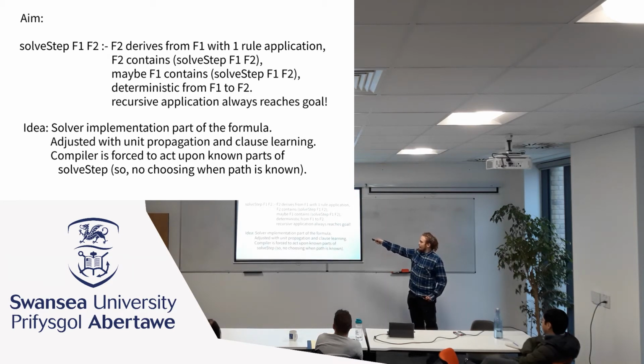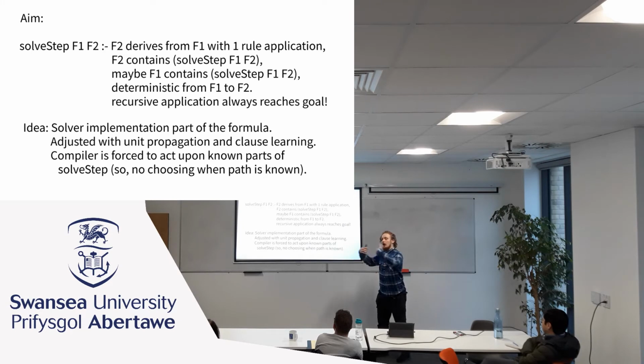Essentially, what this is saying is, if in F1 we already have a clause that determines which one is now the next step, which one is now the next predicate to be derived, then we also have to act accordingly. If it's not in there, we just ignore this one. Yeah, deterministic from F1 to F2.